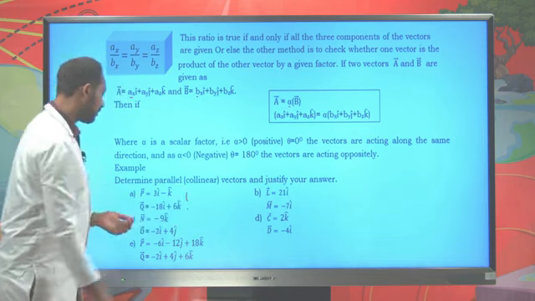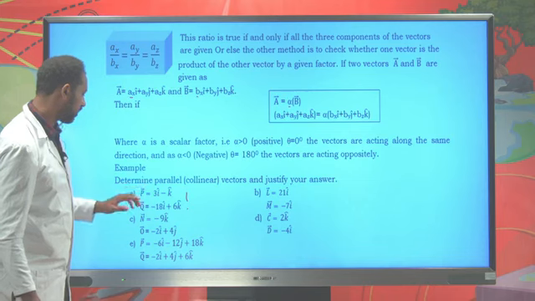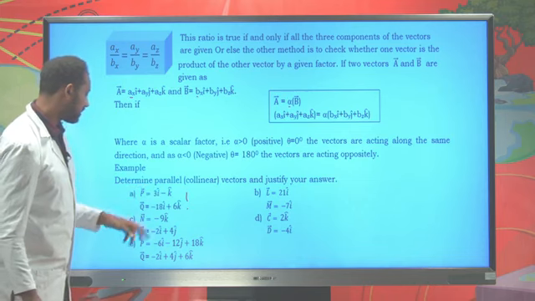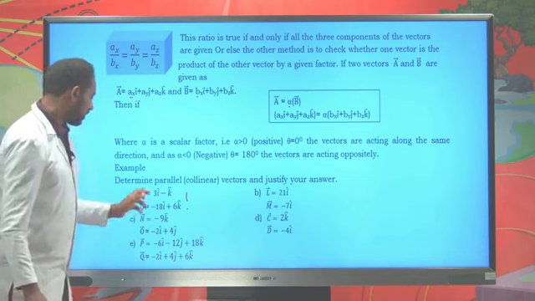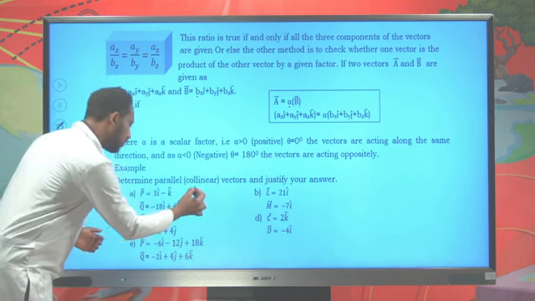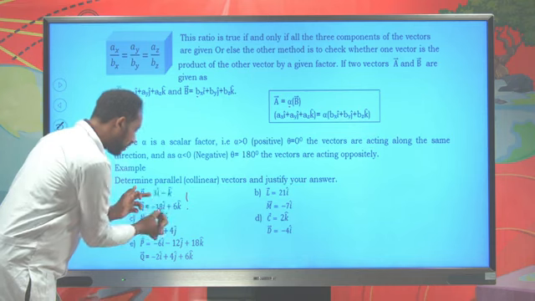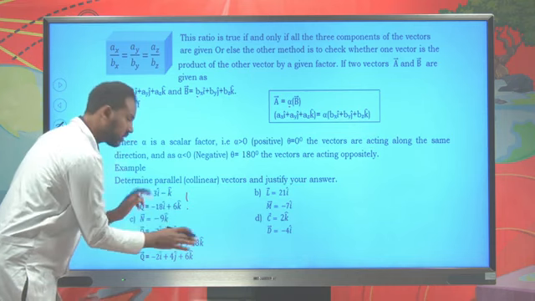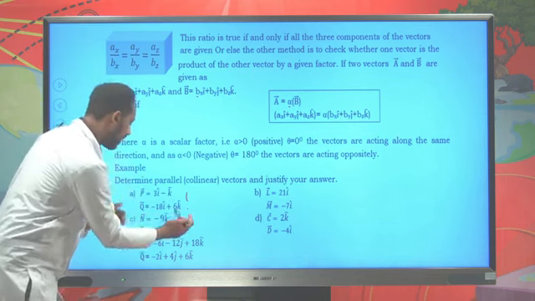Here you have two vectors, let's say p and q. P is 3 in the i minus k. To check whether these two vectors are parallel or not, you compare the i component with i, there is no j component, and the k component with k.